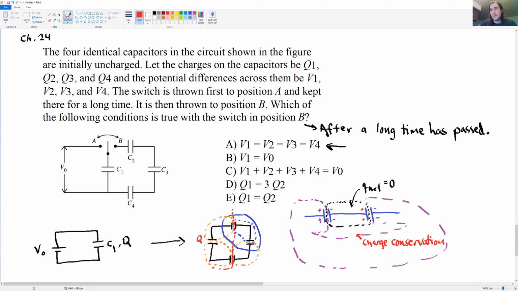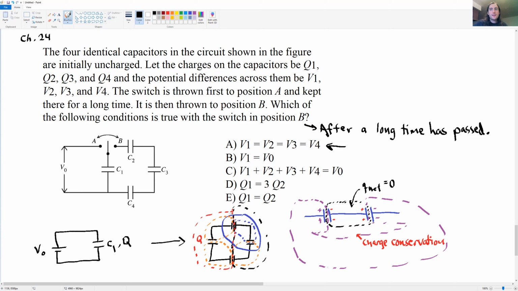So if I draw a surface like this as well, right? I can draw that red surface. I can draw this black surface as well on this side. And I can draw all possible Gaussian surfaces. And I can make the same charge conservation argument over and over and over again and show that the charge on all of the plates for capacitors connected in series has to be the same.